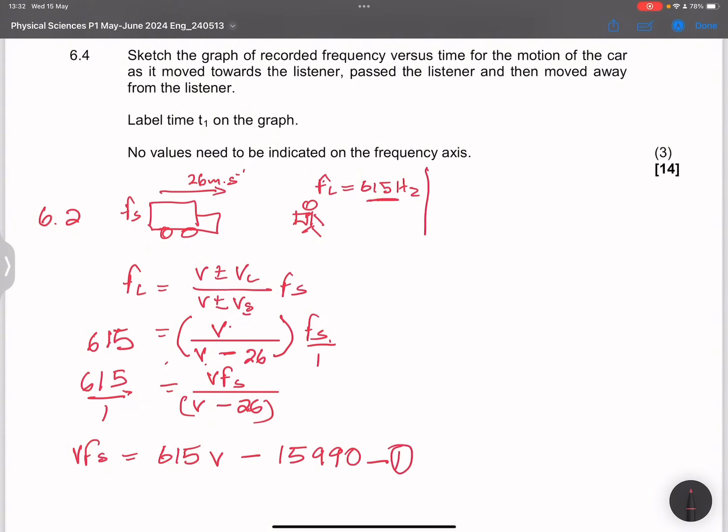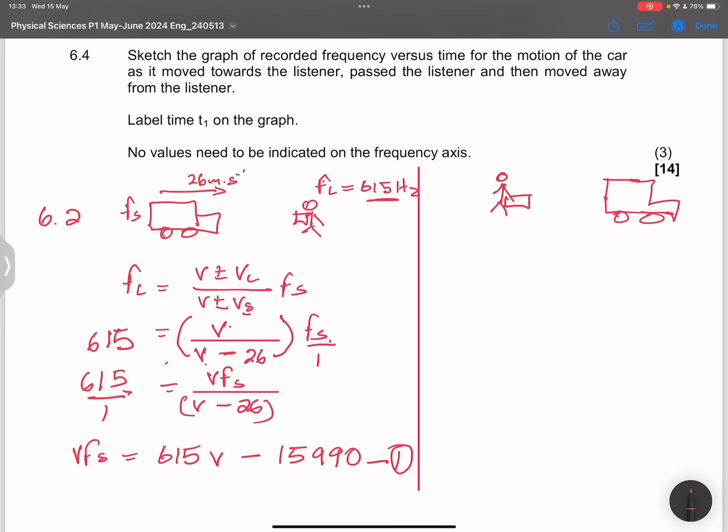Right, now let's go into scenario 2. So in scenario 2, this is when the police car is moving away from the listener, right? So we know that the detected frequency should be lower than that of the source.